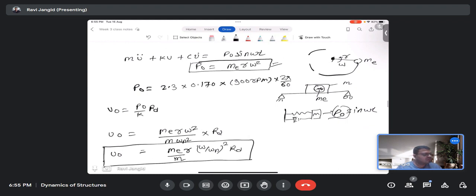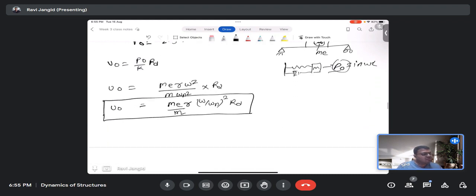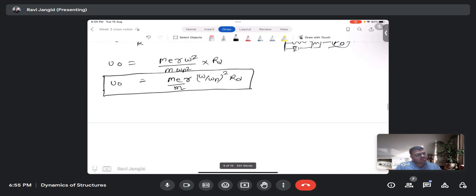So for finding this, first find out omega n. Now the omega n will change because one blade is folded down. After folding down, what is my omega n? Initially my mass was 28.5 plus 2.3 into 4, that was 37.7 kg.